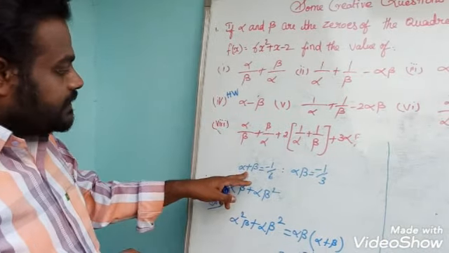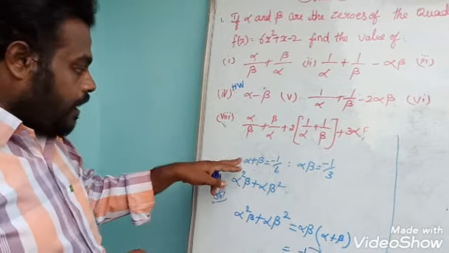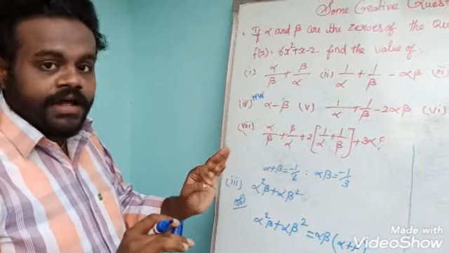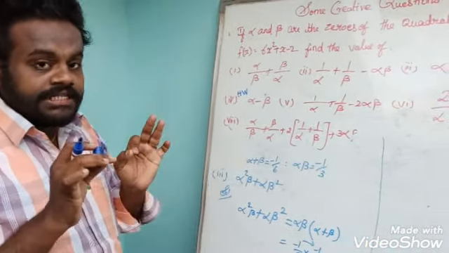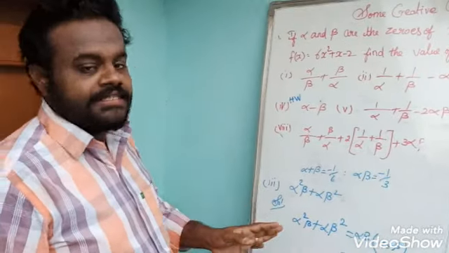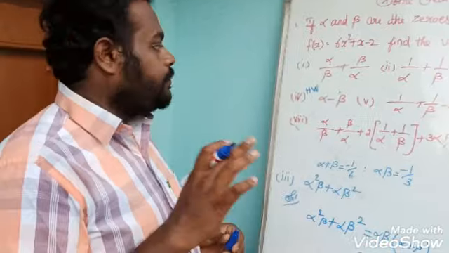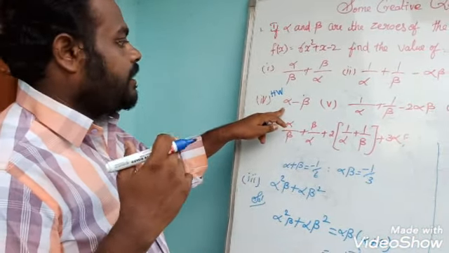Because here we get a sum of zeros and product of zeros. So what is the value for alpha and what is the value for beta? By simple factorization, you have to find out the alpha values and beta values. It's very easy. Next, you directly subtract the values, you get alpha minus beta. Just think and find the value for this. If you have any doubt, just contact me.